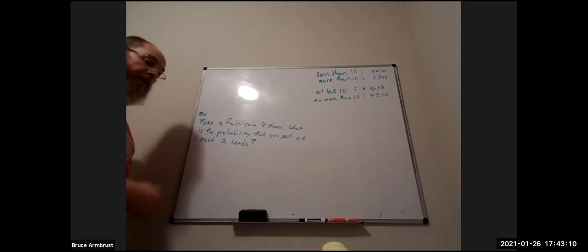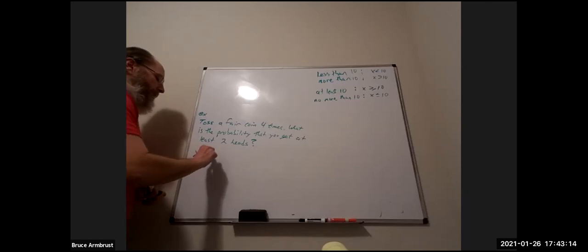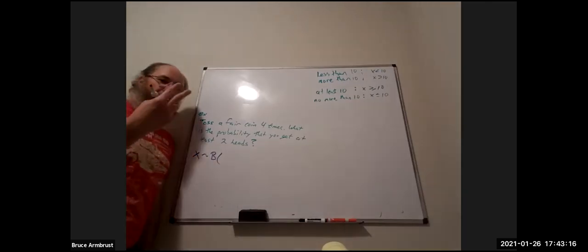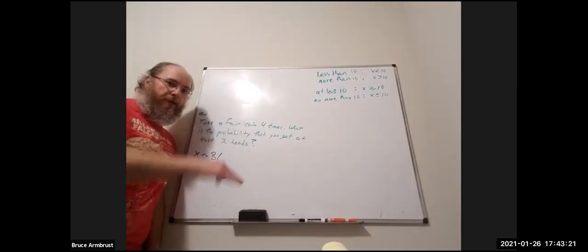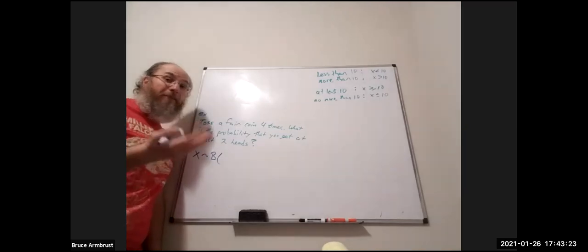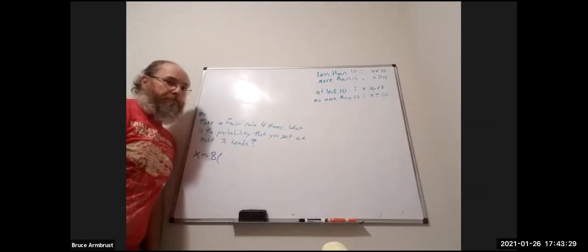Okay, so first, here's the binomial distribution we're using. It's binomial because there are only 2 options each time. I toss the coin, it's either a heads or it's a tails. Right? Think of it as the question, did you get a heads? You either answer yes or no. So it's binomial.